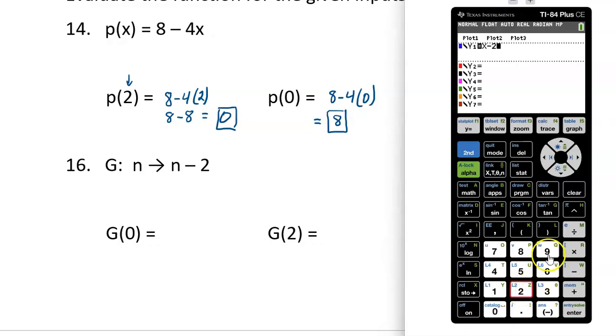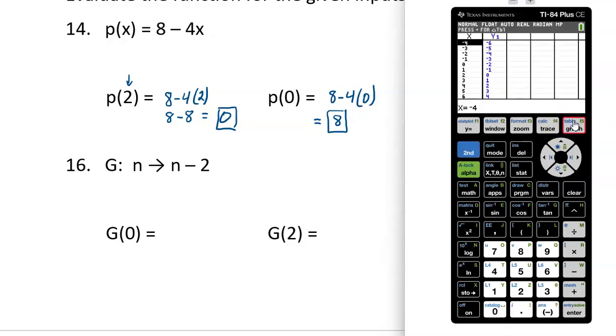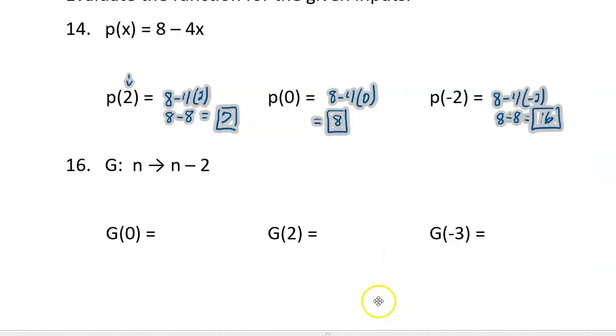Now I want to look at the table by pushing second table. What is the value of function g when the input is 0? So looking at the calculator, when x is 0, what does it say that y is equal to? It says negative 2. So this one is negative 2.